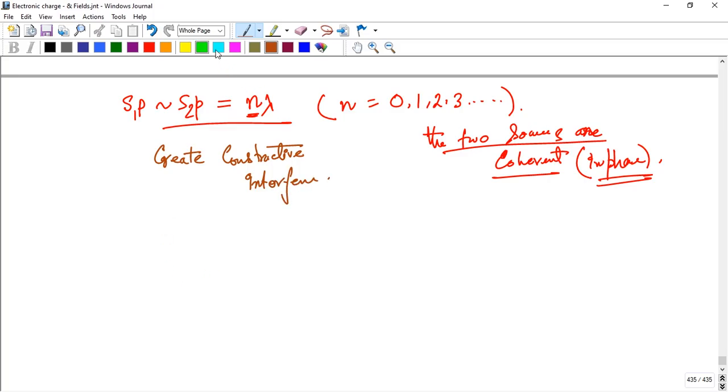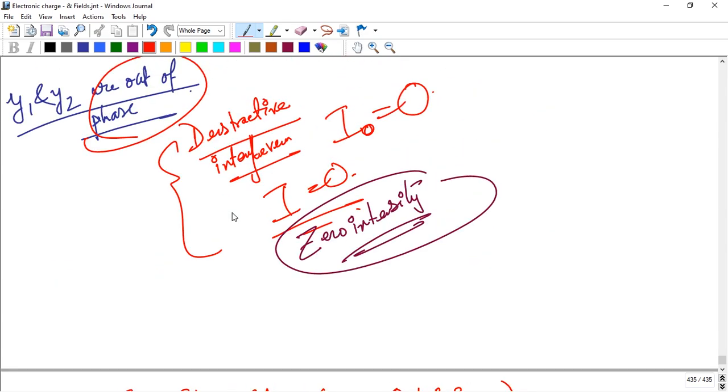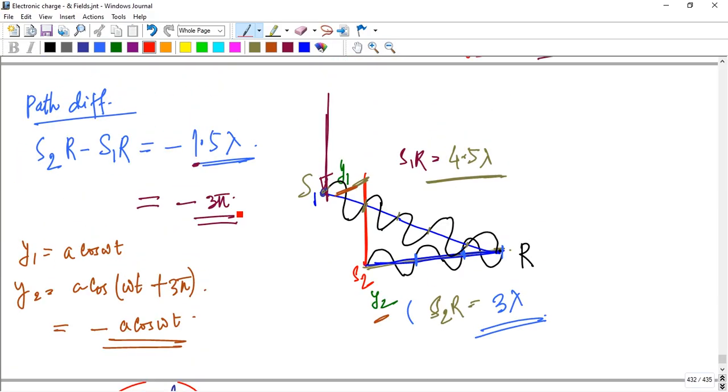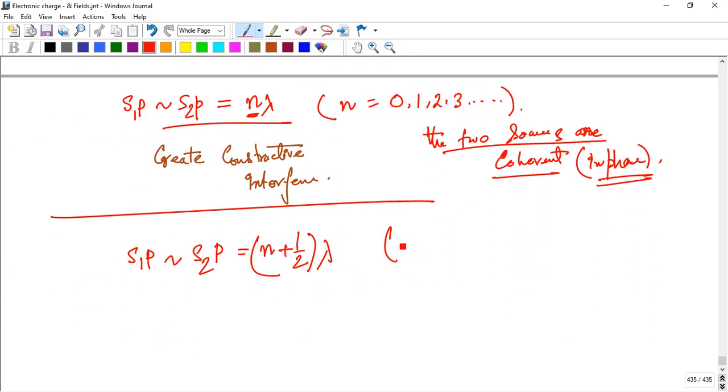Now for the other condition, if the path difference between S1P and S2P is equal to n plus 1 by 2 lambda, for n equal to 0, 1, 2, 3 and so on, we get 1.5, 2.5 and so on, always a decimal.